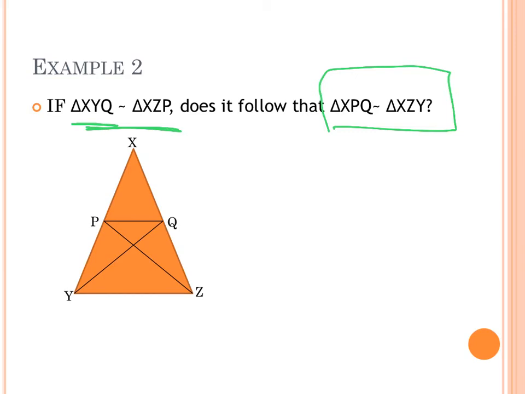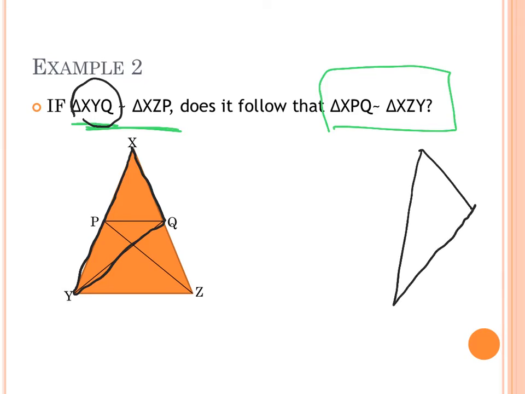Let me trace over this. So I want XYQ. I'm doing this one over here. Let me write it over here. And it wants me to compare that to triangle XZP. So this one over here.